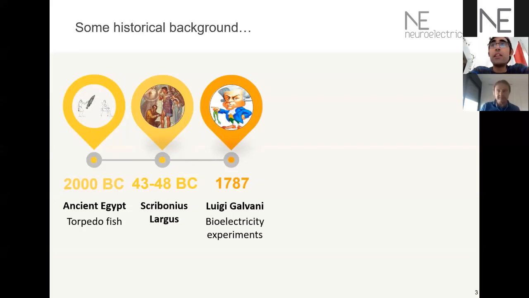He had on his experimental table dissected frog legs and accidentally touched a metal conductor that was charged electrically. He touched the frog legs with that metal conductor, and the frog legs suffered a contraction. Luigi Galvani saw that there was then a connection between electrical stimuli and biological systems. Thus, he is considered the father of bioelectricity.